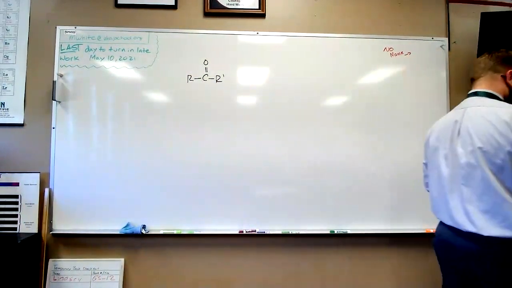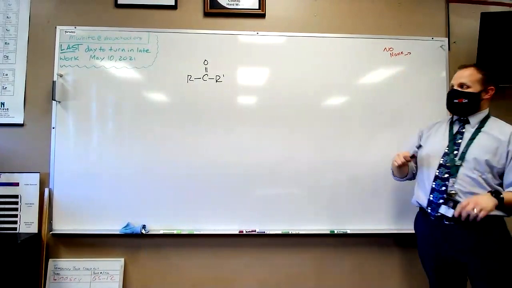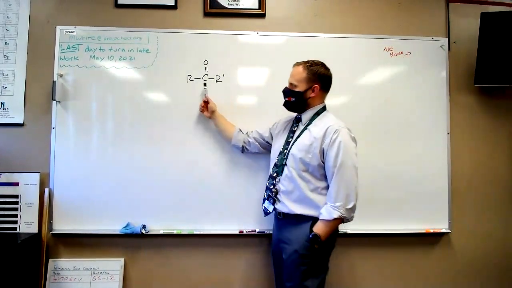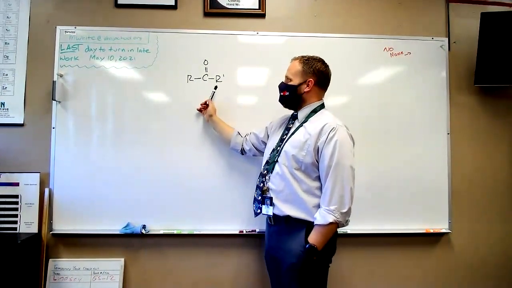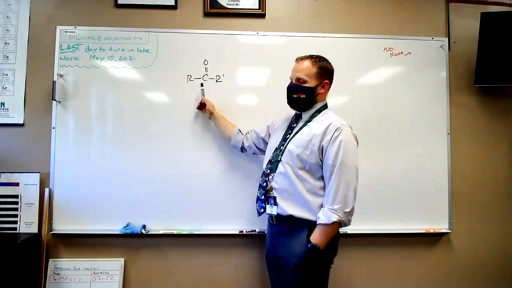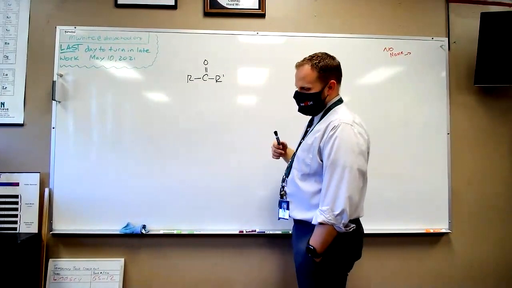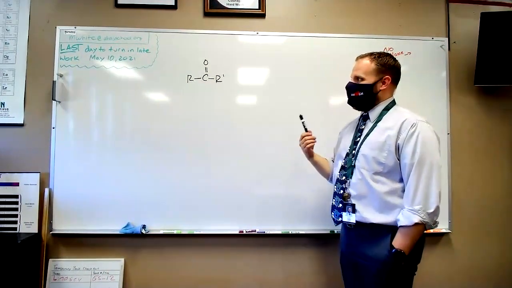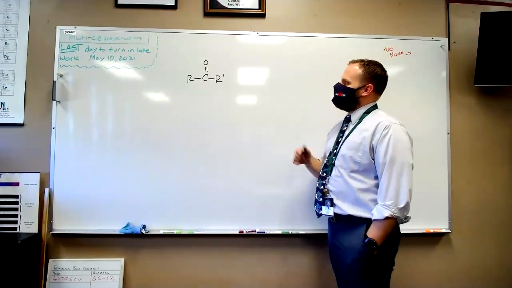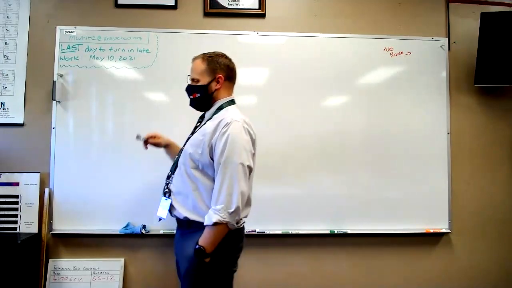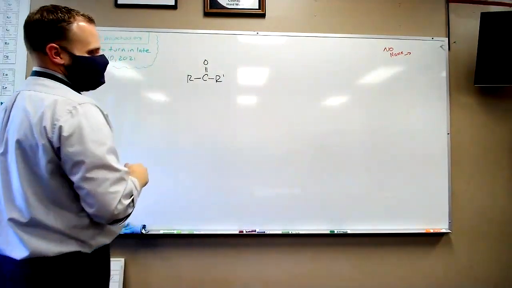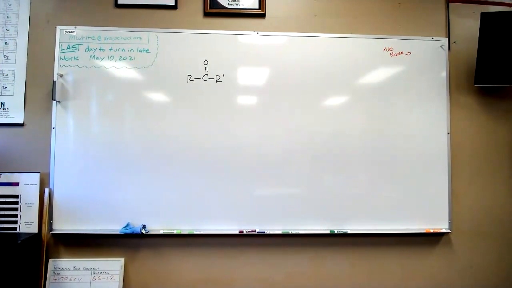That means we have to have carbons here. They can't just be hydrogens, because if one of these was a hydrogen, it would be on the end, and that would be an aldehyde. But since we have at least one carbon on either side, that becomes what we call a ketone.